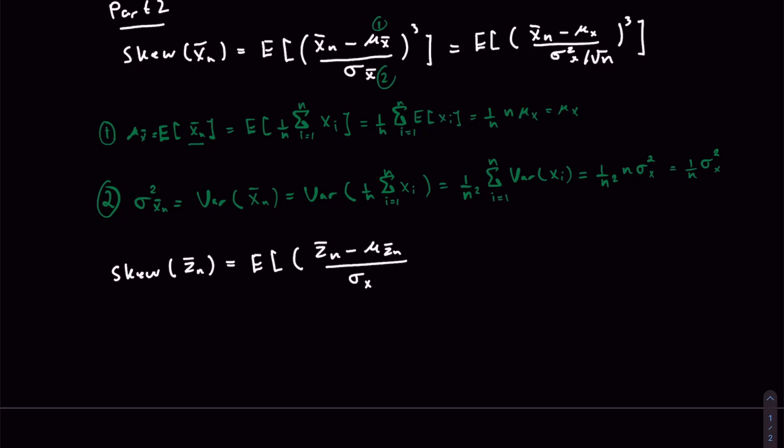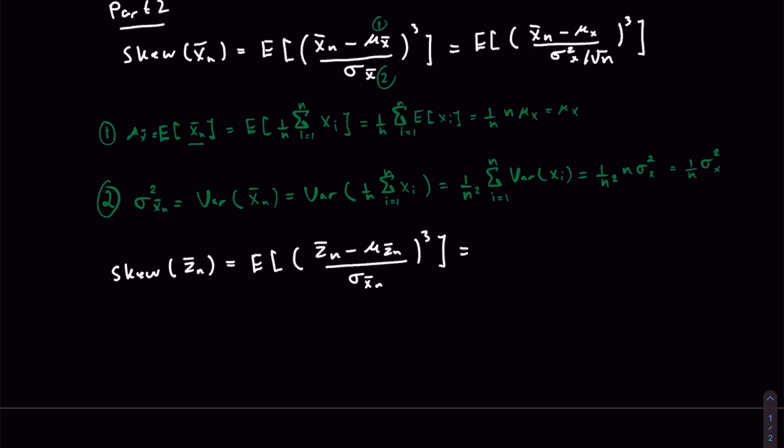Here we have the same thing, and here we go. So we now have to do the same operation. We have to figure out what mu is and what sigma is for these terms.